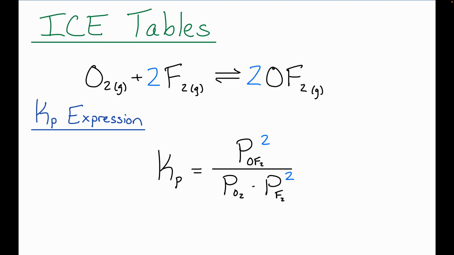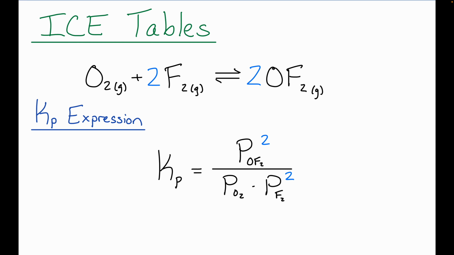So we have our products over reactants, and we've raised the power of each of those pressures based on these coefficients. They were all gases, so we didn't have to exclude anything from our equilibrium expression.